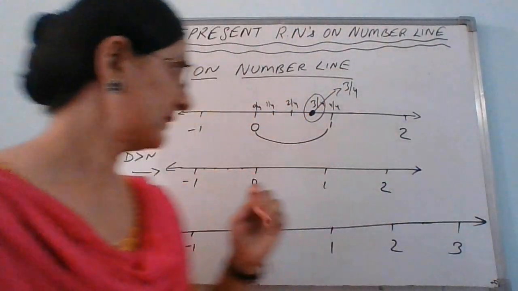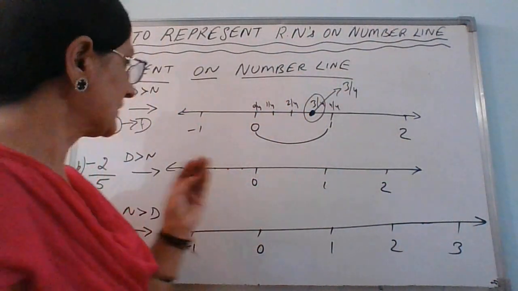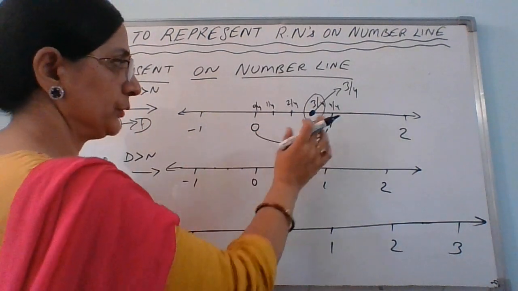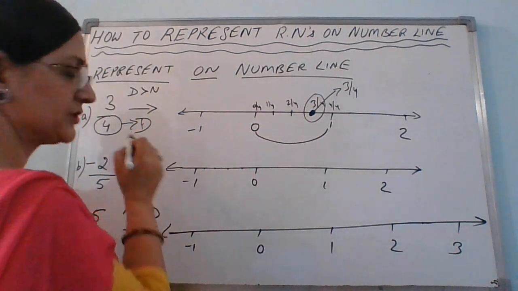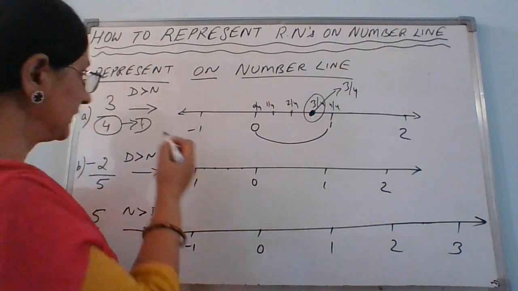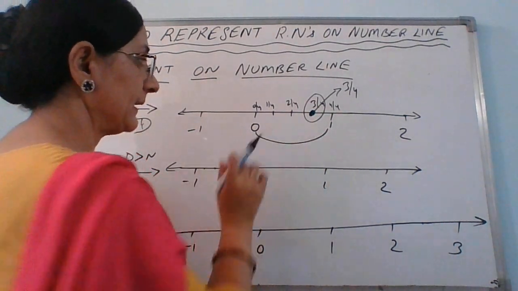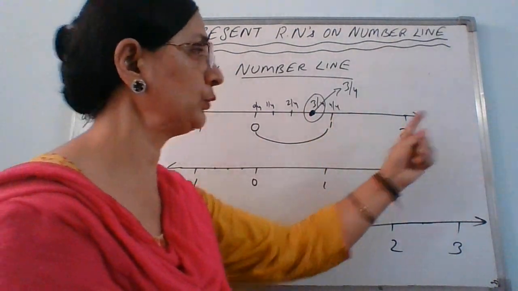I hope it's very simple. Just see the denominator, then divide that portion into the number of parts written in the denominator. If 5 is written in the denominator, divide it into 5 parts. And how to decide whether it lies between 0 and 1, or 1 and 2, or 2 and 3?